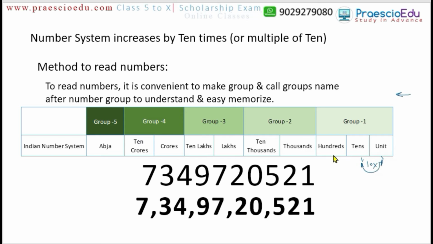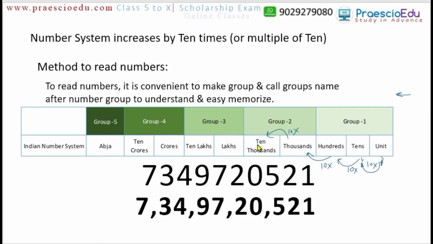The place value of 100 increases 10 times over the tens, meaning it is a multiple of the tens. Here also 10 times. Then the thousands also increases 10 times. From 1000 to 10,000 it increases 10 times, multiplied by 10.